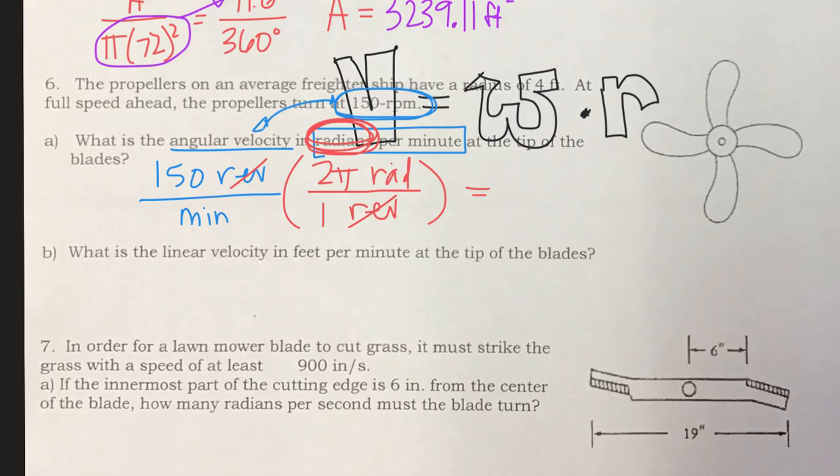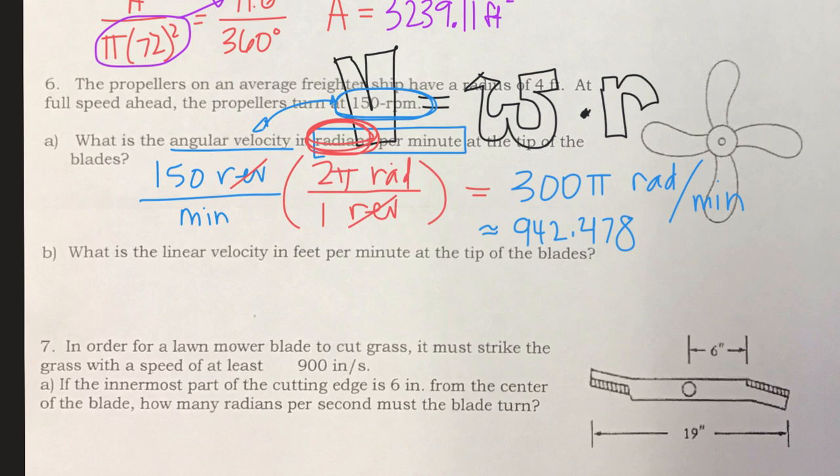Well, here's my radian, there's minutes. I'm basically done. So my answer is 300 pi radians per minute, which you can type into a calculator and get a decimal such as 942.478. Both of those are correct. So that's just a unit conversion. We haven't done any formula yet.